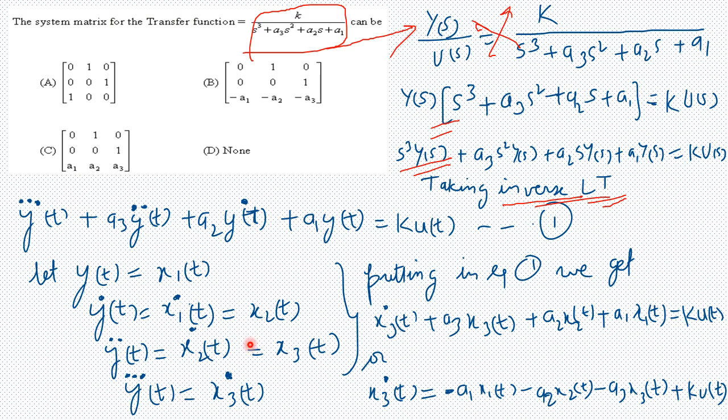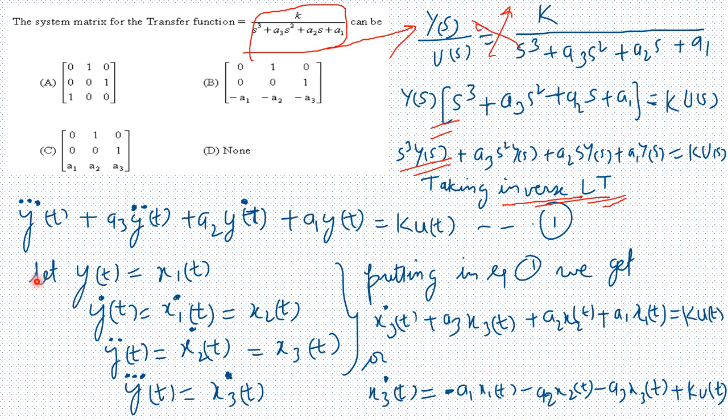So y of s will go to y of t, s y of s will go to y dot of t, and s square y of s will go to y double dot of t. Y dot of t means differentiating once, y double dot of t is differentiating y two times. And s cube y of s will go to y triple dot of t. This will be the equation that we get at the end.